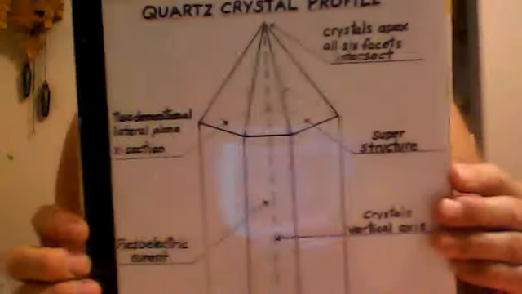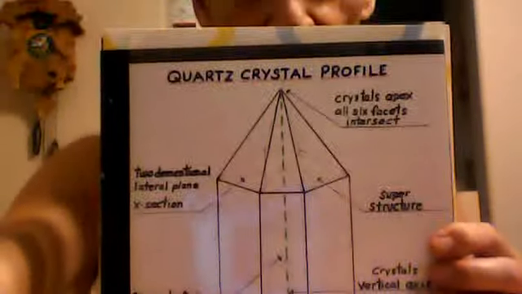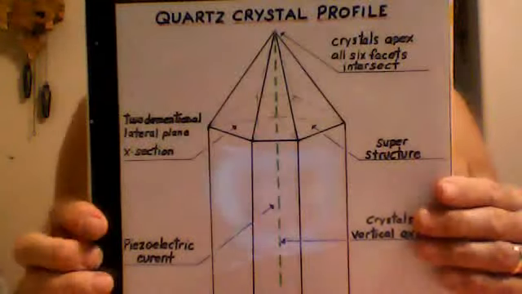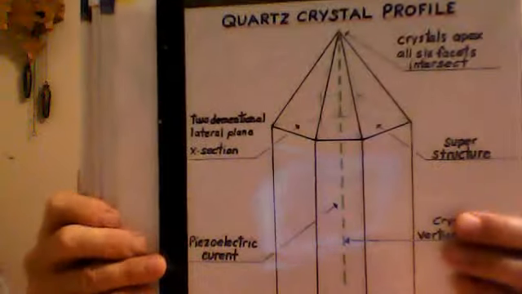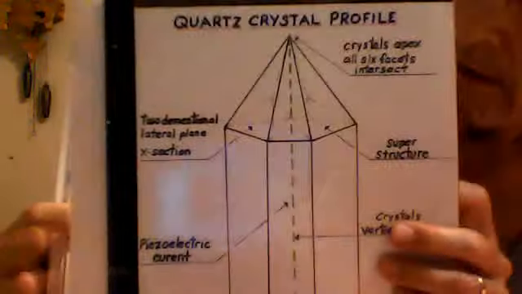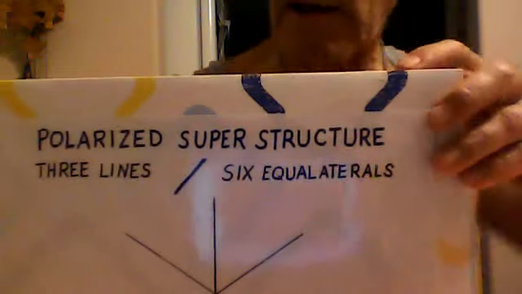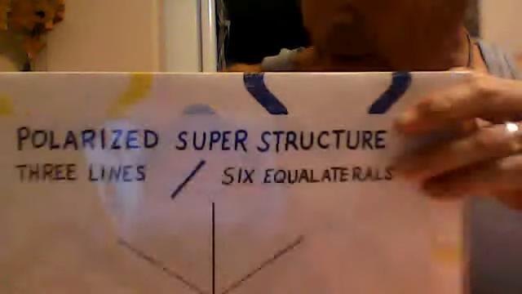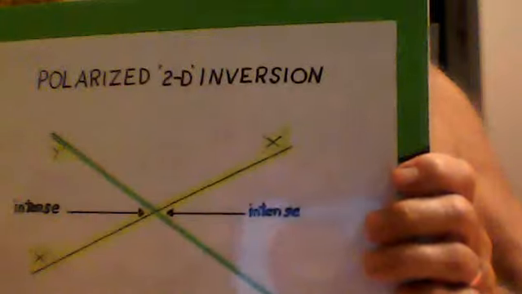And what we have by comparison, let me back this up a little bit so that we can get a good idea of what's going on here. With this crystal, by comparison, alright, there's the lateral plane of the crystal, that one right there, and we have the inversions going back and forth because of the polarization of the X and Y plane.